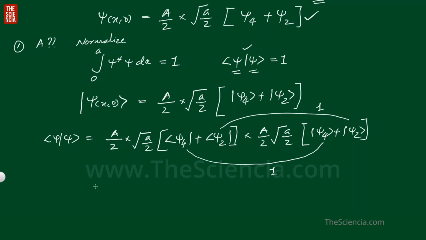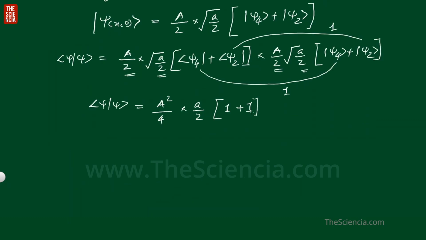So we get bra psi ket psi is equal to a square by 4, that is multiplying this one and this one, and root a by 2 into root a by 2, that is a by 2 into these terms, that is here you get 1 plus 1. And as per normalization condition, this should be equal to 1.